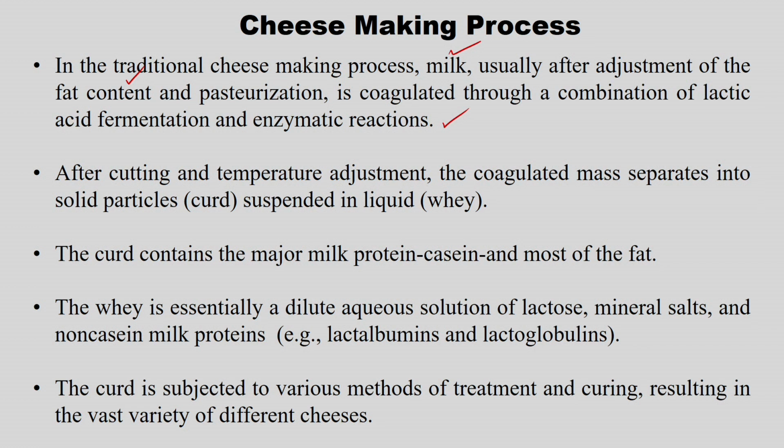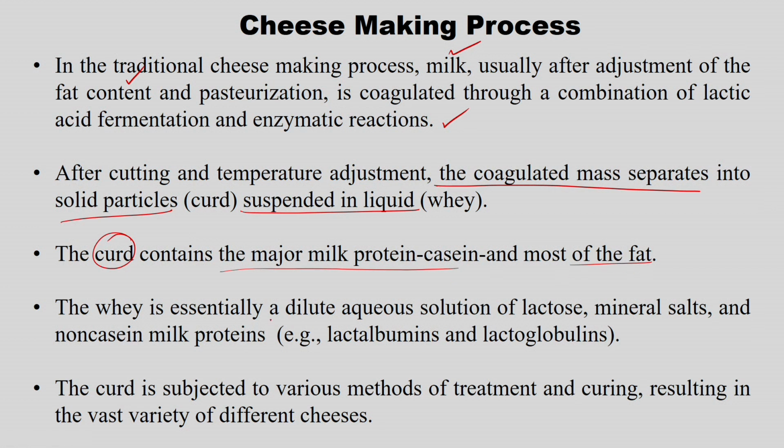After cutting and temperature adjustment, the coagulated mass separates into solid particles, which are called curd, and suspended liquid, which is called whey. Okay. So, the curd contains the major milk protein casein and most of the fat.